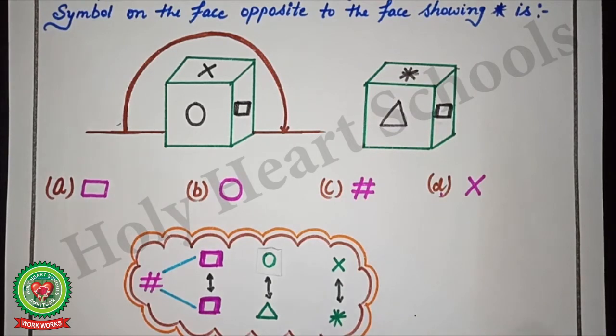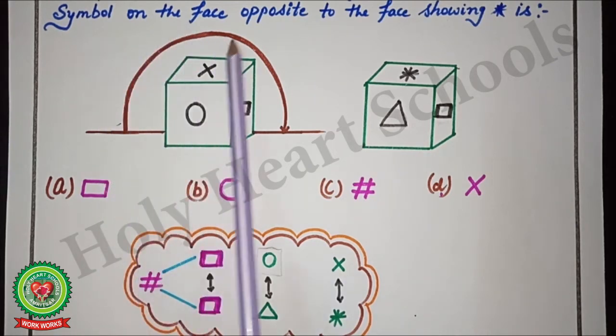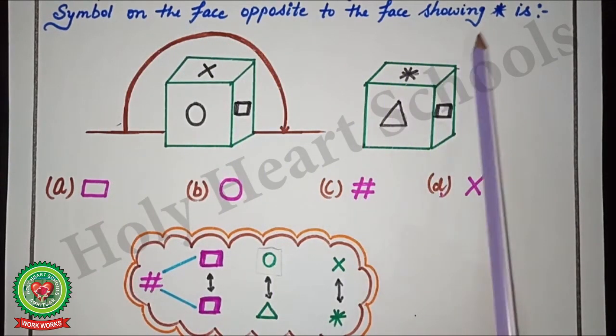All right. So now which symbol is left out? Which symbol is missing? Here you can see that hyphen is missing. So we will write here hyphen, which will be opposite to rectangle. And here you can see that rectangle will be opposite to the hyphen, circle will be opposite to the triangle, and cross will be opposite to the star. Now the question is about the symbol on the face opposite to the face showing star.